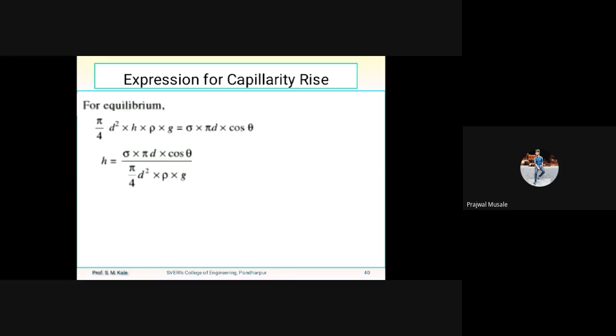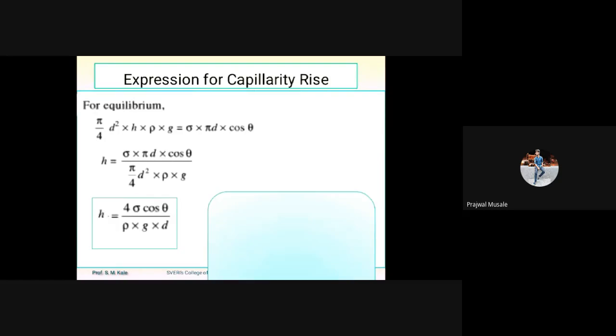Pi will get cancelled, d will get cancelled, and I get the equation h equal to 4 sigma cos theta upon rho g into d. This is the general equation for capillary rise or capillary fall.